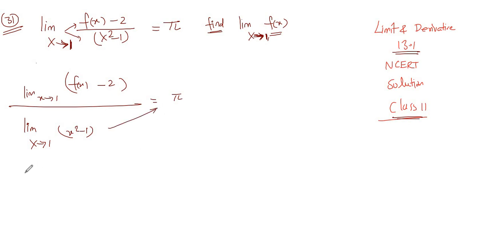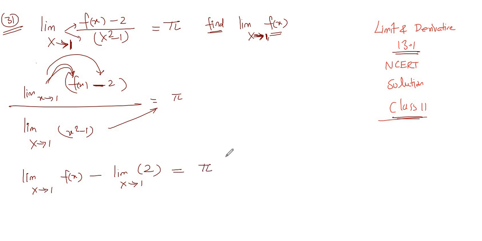So it will be the limit as x tends to 1 of f(x) minus the limit as x tends to 1 of 2, because the limit goes to both if there is a minus sign in between, is equal to pi times the limit as x tends to 1 of (x square minus 1).